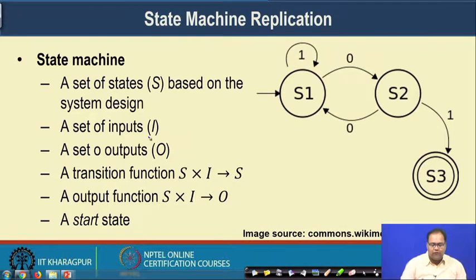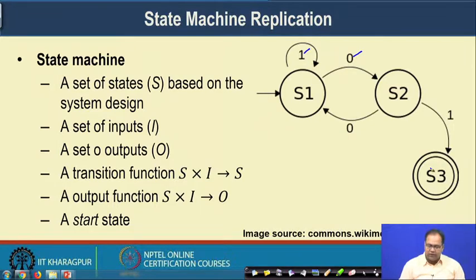Then you have a set of inputs which will tell you how your system will behave. Here are 2 inputs, 0 can be one input to the system and 1 can be another input to the system. Then you have a set of outputs. Here S3 is the final output of the system that is represented by the state machine.